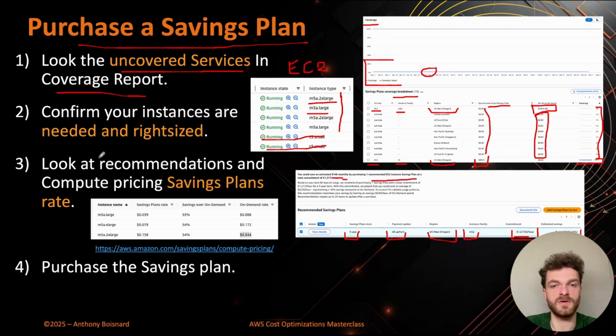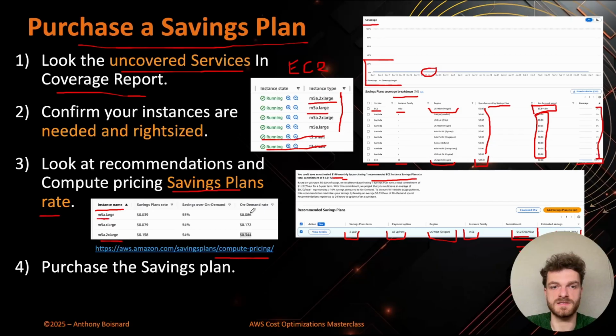You should always double check the commitment compute price here with the savings plans rates, which are in the compute pricing. So if you click on that link, you can retrieve here your instance type. So this one and this one.